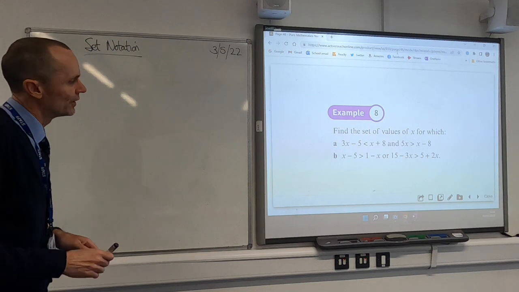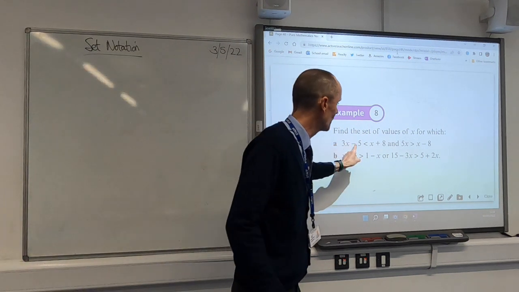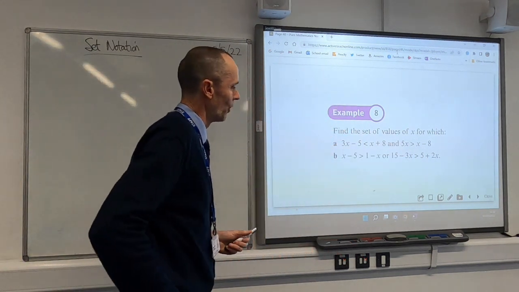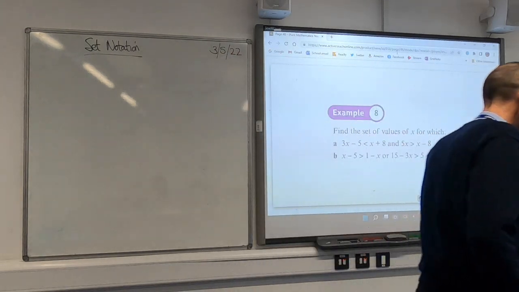Starting with set notation, I'm just going to solve these two inequalities and say what values of x satisfy both.